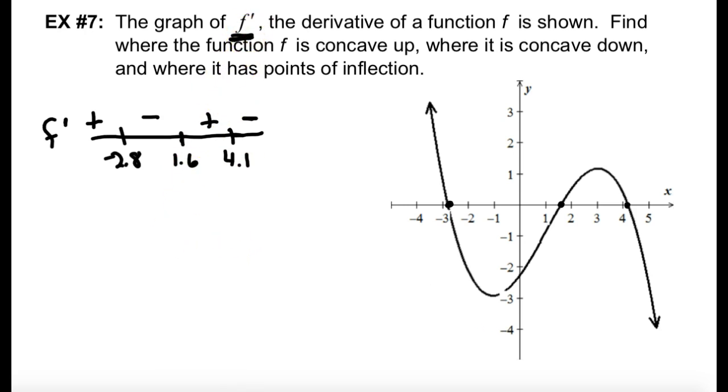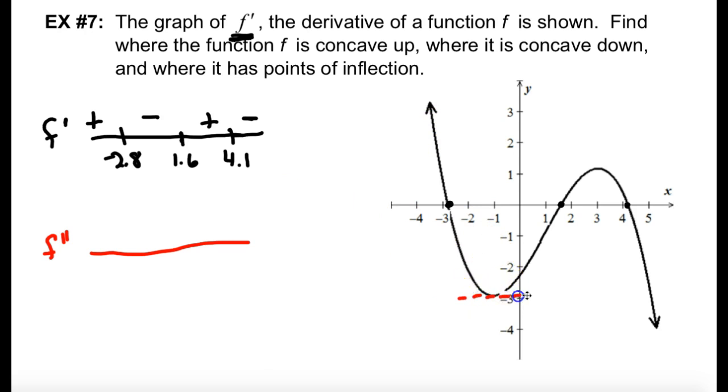Now we want to do something similar for the second derivative. Okay? I want to find places where the second derivative equals 0. Well, the second derivative is the slope of the first derivative, right? So what I want to find is where the slope of the first derivative equals 0.